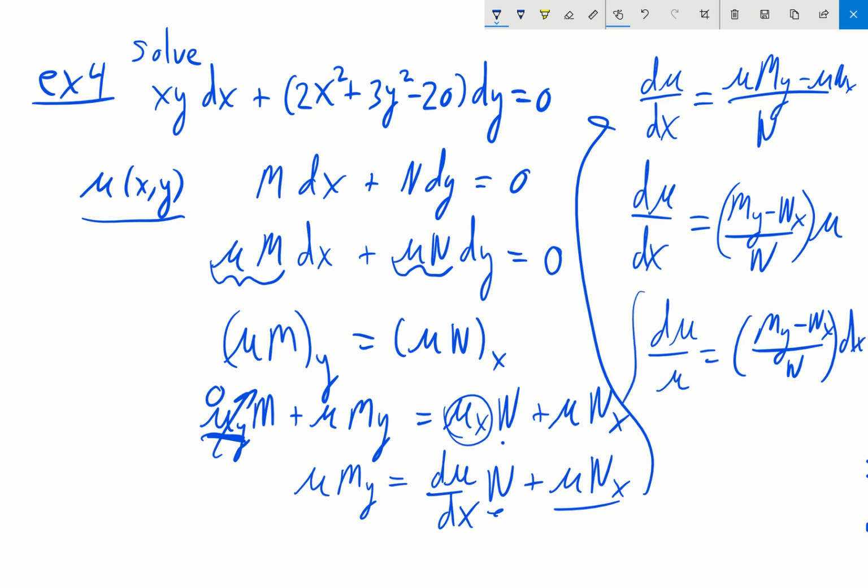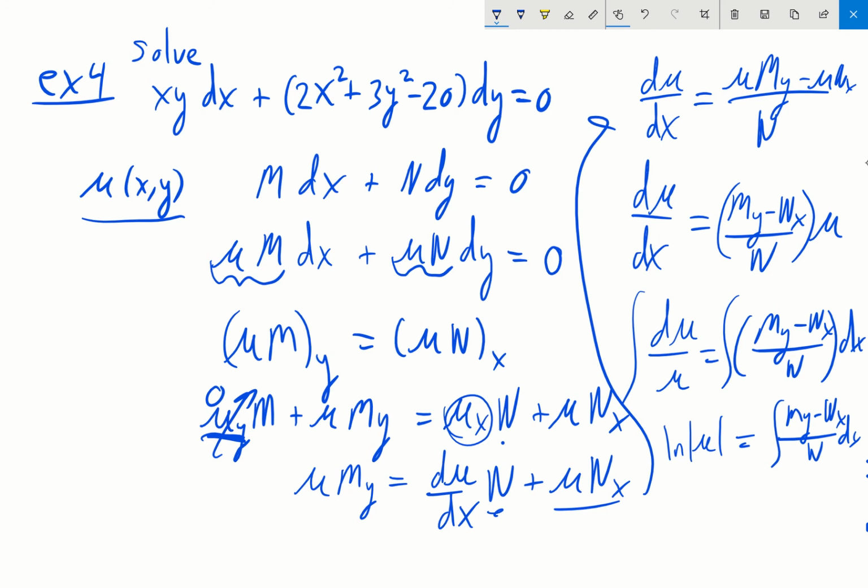And now we can integrate to find mu. We would get that the ln of the absolute value of mu would be equal to the integral of M_y minus N_x divided by N dx.